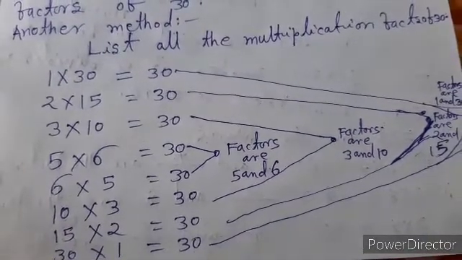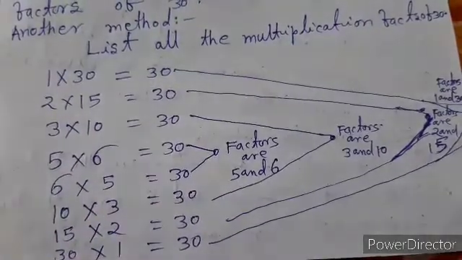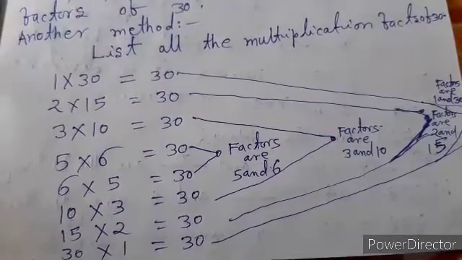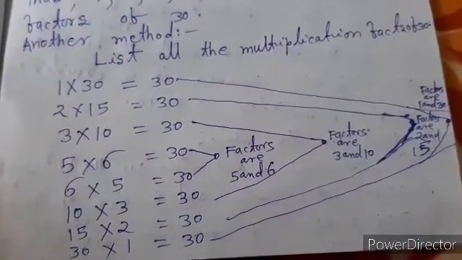In all these cases, we make a list as shown in the figure. Then we observe that the factors of 30 are 1, 2, 3, 5, 6, 10, 15 and 30.